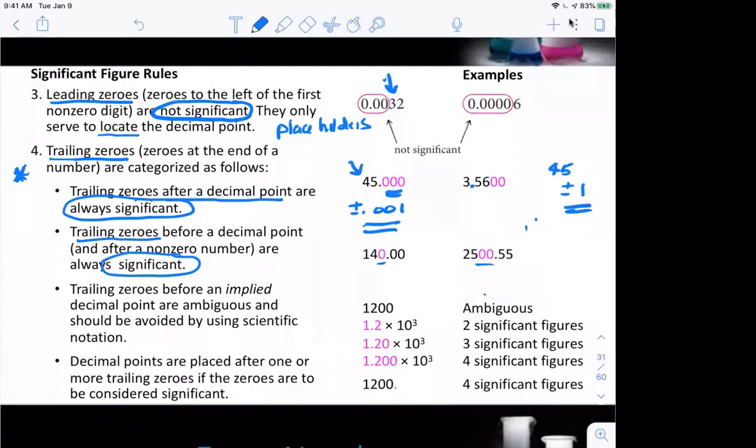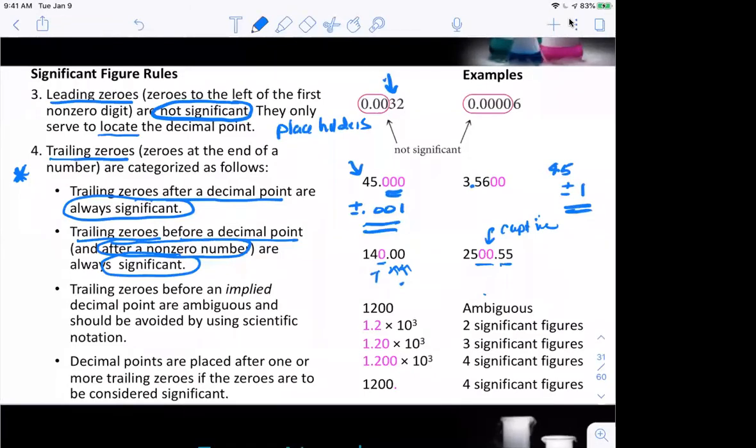And this is the key, that it's before a decimal point and after a non-zero number. So here I have those zeros, but then I have significant zeros because they're made significant because of the decimal point. Here I have non-zero digits, so those are automatically significant. Those would fall under that captive zero rule.